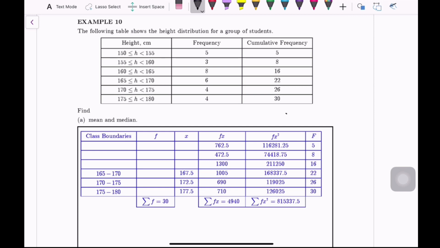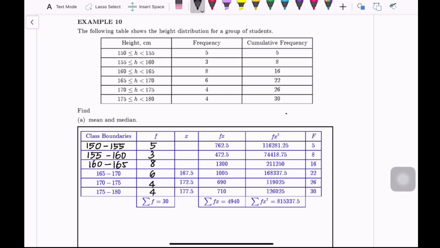The class boundaries are 150 to 155, 155 to 160, 160 to 165 and so on. Then we write the frequencies: 5, 3, 8, 6, 4 and 4.